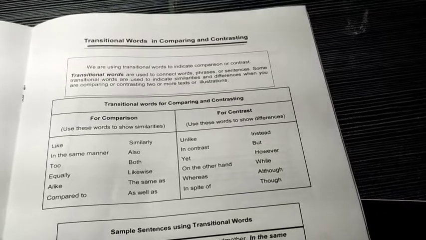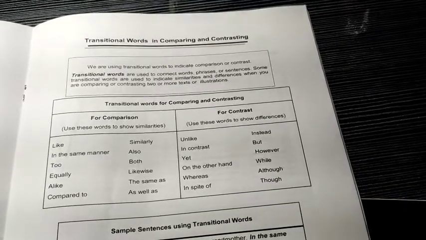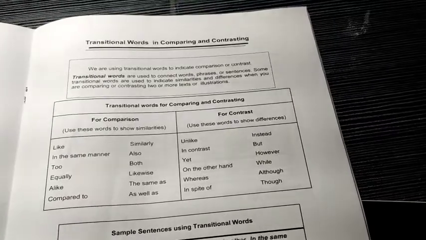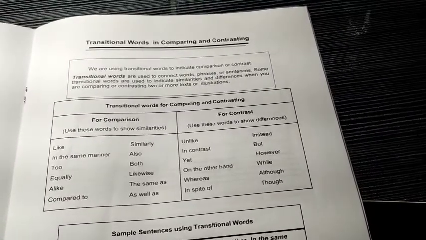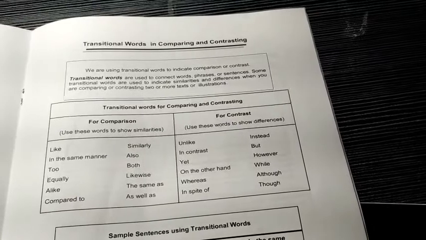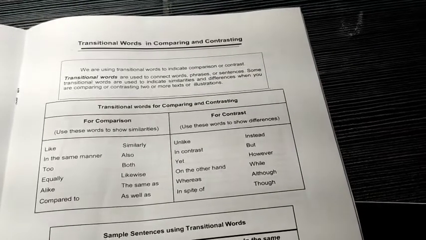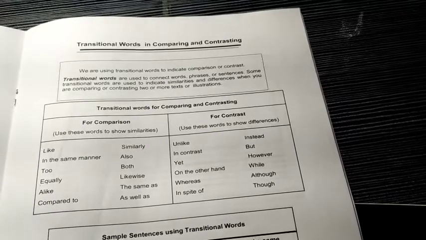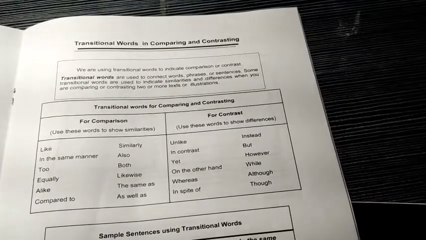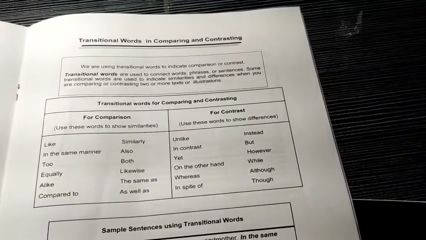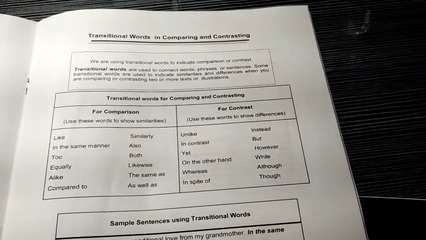The first character, the girl, and then the boy. So they are different in terms of gender or in terms of sex. However, they are also different on what they are experiencing. The first one is having difficulty and the second one is not.